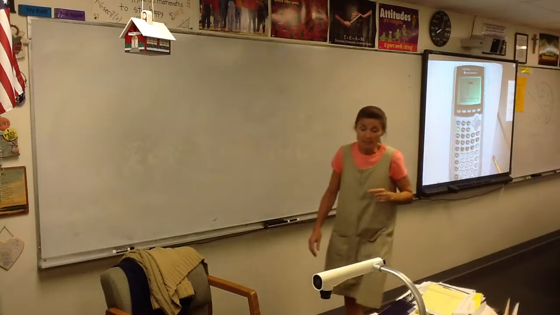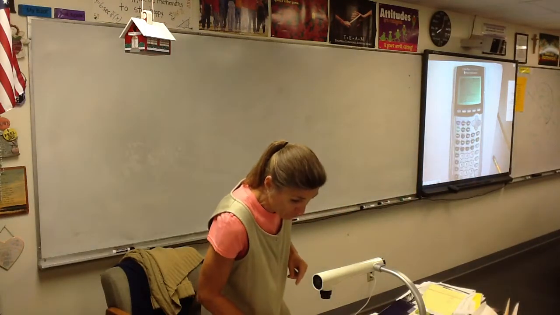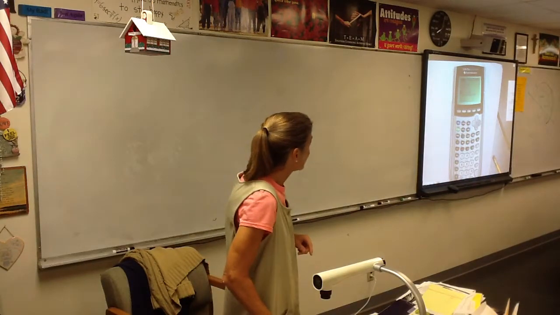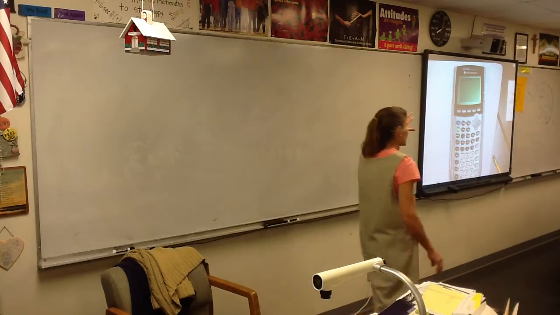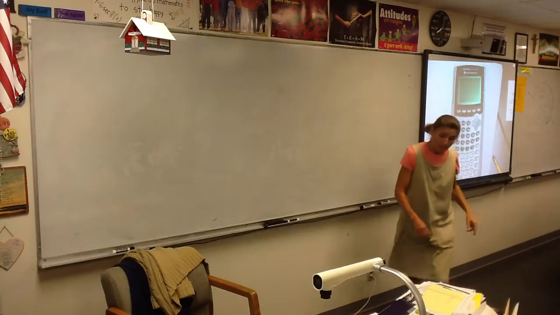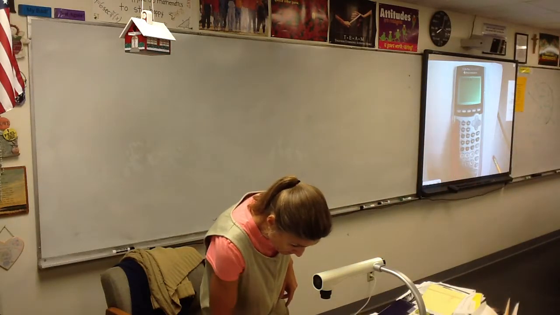Okay, to clear it, if you go back to your Stat menu and go down to Clear List, hit Enter. Now, I don't know if you noticed or not, but my lists were named L sub 1 and L sub 2. So I come down here and I have a button that says L sub 1.